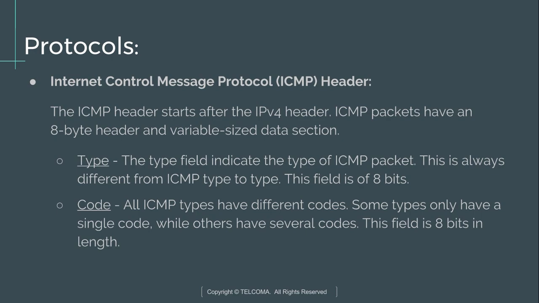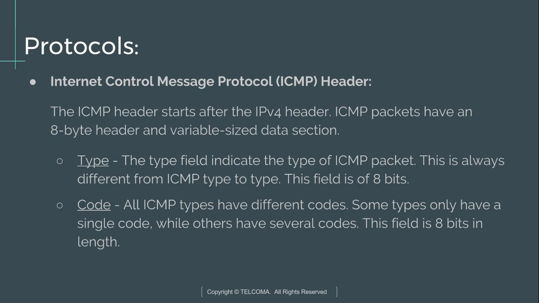Type. The type field indicates the type of the ICMP packet. This is always different from ICMP type to type. These types are like echo reply, echo request, destination unreachable, redirect message, traceroute and timestamp. This field is 8 bits. Code.